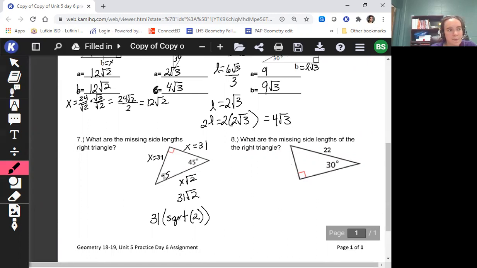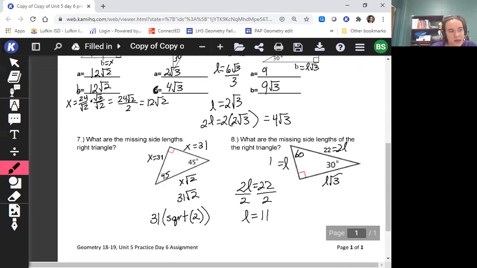Our last one, we have a 30, 60, 90 triangle. We have our hypotenuse, that is 2L. Our short side is over here between 90 and 60, that is L. And the other side is our middle length, it's L square root of 3. So we need to solve for L, so 2L equals 22, divide by 2 on both sides, and L equals 11.